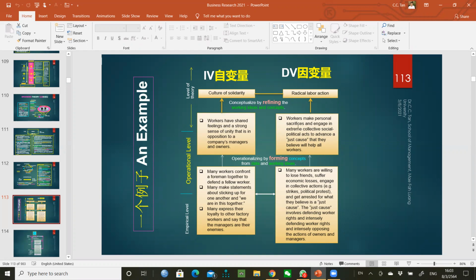So they are performing some radical labor action, and that radical labor action is directly attributable to cultures of solidarities. That independent variable and dependent variable interlink with each other.